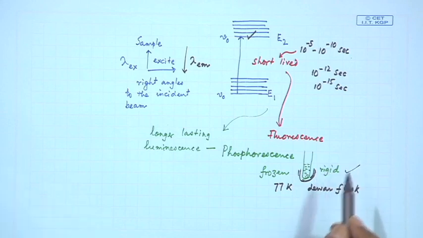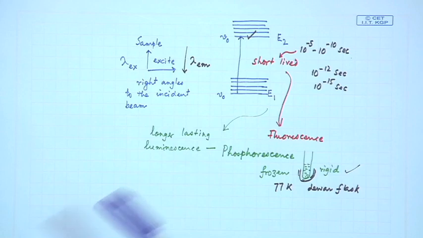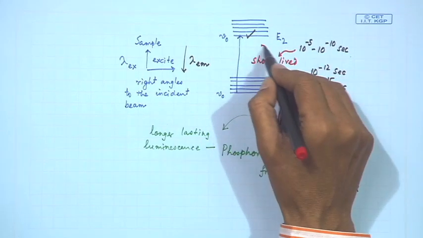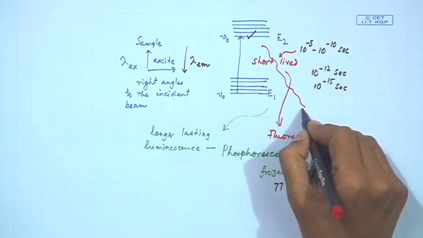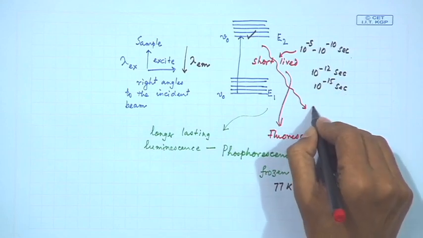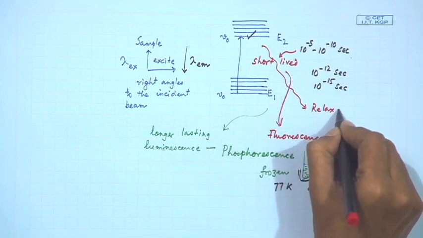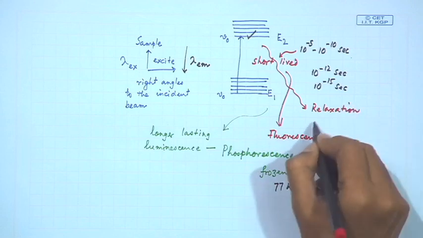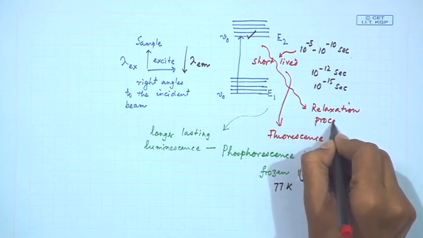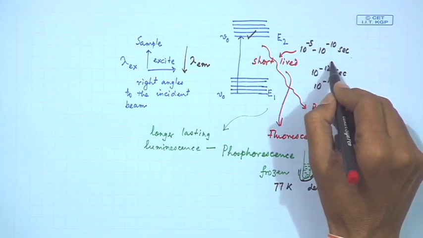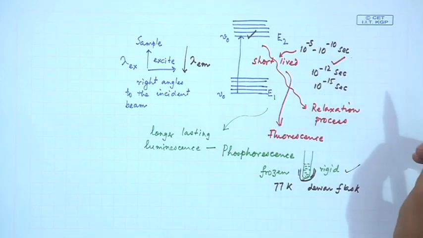Why we require this rigid sample is because, once we excite it, it can go for different relaxation processes. So, the relaxation process we get will be in this particular range.